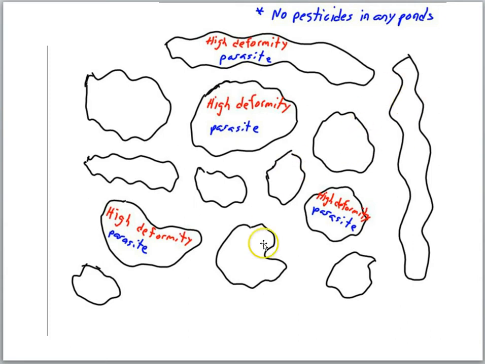So each of these would be a little pond, it would be separated, and where they found parasites in the pond, they found frogs with high levels of deformity. So this pond had high parasites, high deformity, parasites, high deformity, parasites, high deformity. In ponds without any parasites, there might be frogs, but they didn't have the deformities. And in none of these particular ponds did they find any significant levels of pesticides.